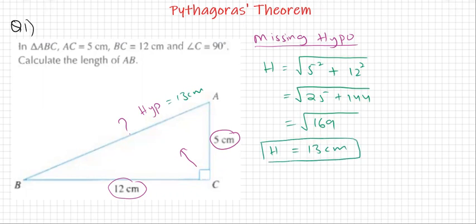So this is how we find out the third missing side of a right angle triangle by using the given two sides. The other condition that I explained in my introduction video was when the hypotenuse is given and the other side is missing. So let us look at another question in which the hypotenuse is given.